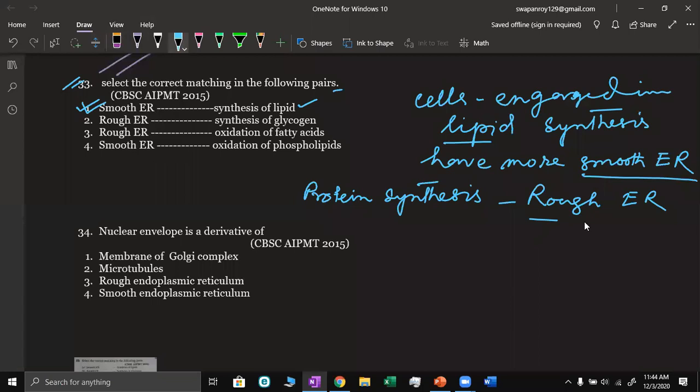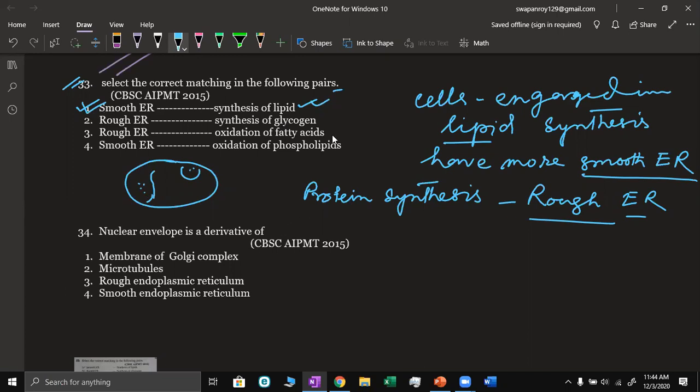Also within a cell, say this is the cell, if this area is active in protein synthesis, rough endoplasmic reticulum will be more here, and if in this area lipid is synthesized, the smooth ER will be more.